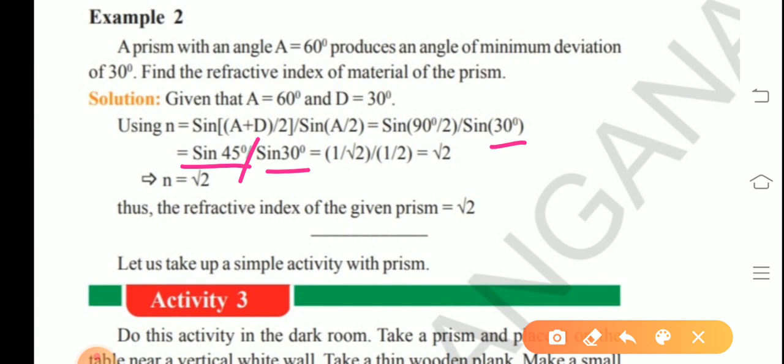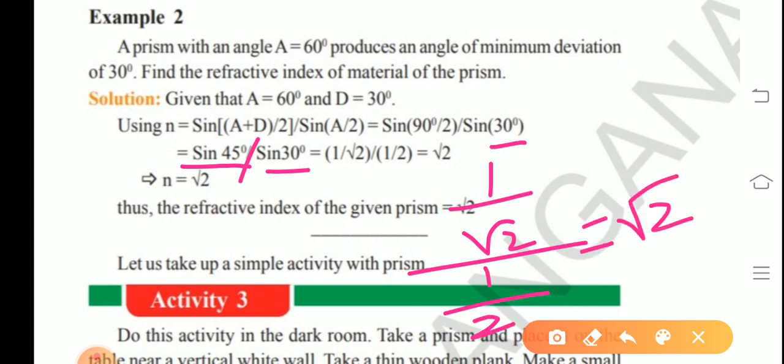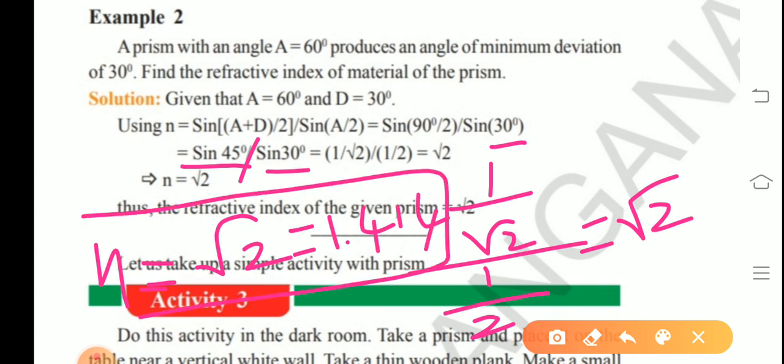Sin 45 is equal to 1 by root 2 and sin 30 is equal to 1 by 2. So 1 by root 2 divided by 1 by 2, simply we get root 2 after solution. So the refractive index n is equal to root 2, which is 1.414.